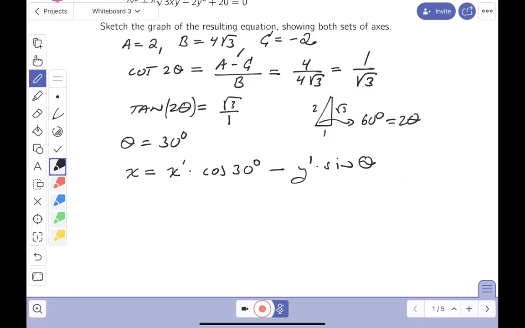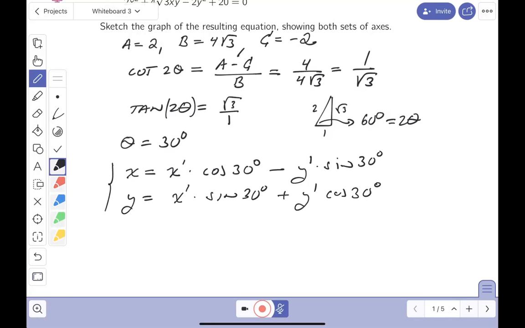For some reason, it's very difficult to do the manipulation. I'm sorry. I should have written not theta, but 30 degrees down. Let me get my eraser out. All right, y is going to be equal to x prime times sine of theta. Again, theta is 30 degrees, plus y prime cosine of 30 degrees.